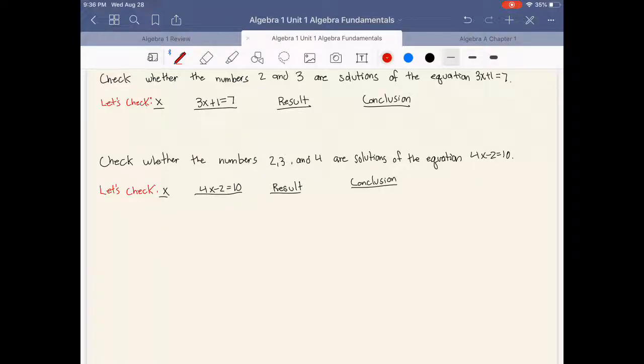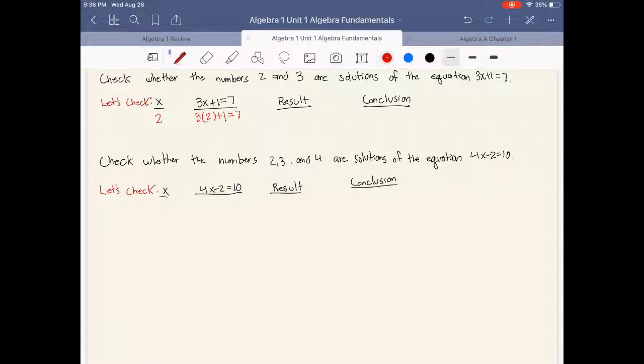Okay, so let's go through the number 2 first. If we replace x with 2, that means substituting the x with 2: 3 parentheses 2. Like I said, have that habit of replacing the variable with parentheses when you replace it with a number. 3 times 2 plus 1, would it equal 7?